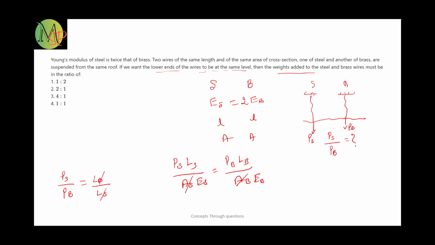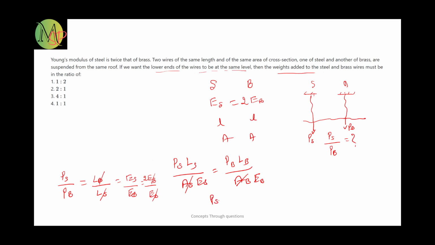Then what else? ES by EB. ES you can take as 2 EB. This is EB, so EB gets cancelled.